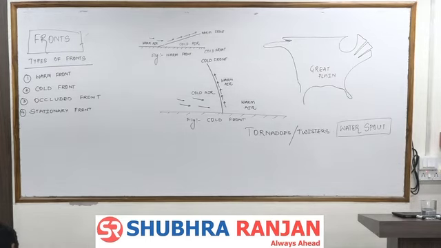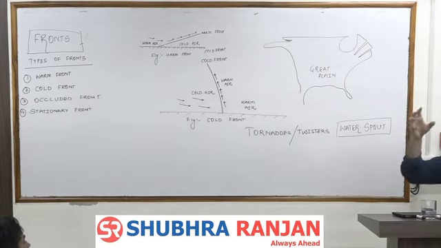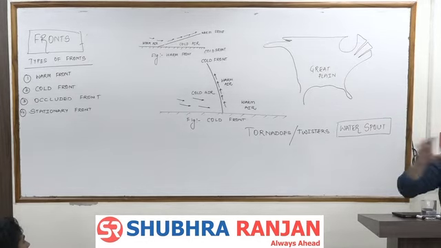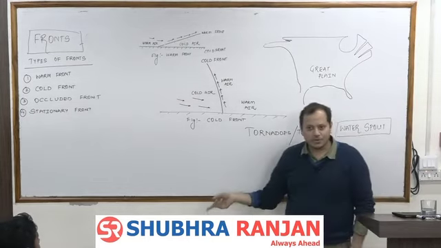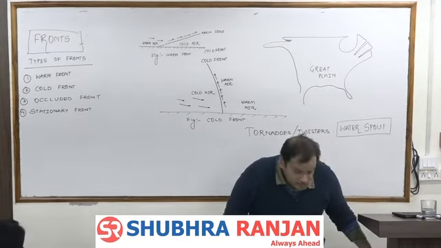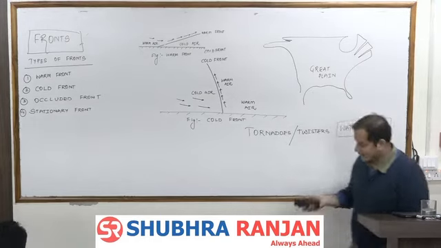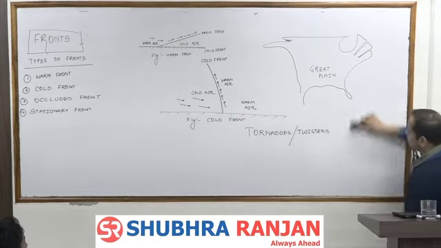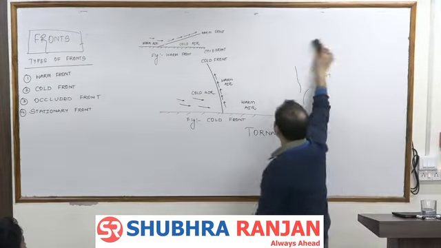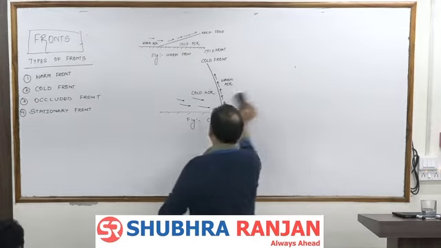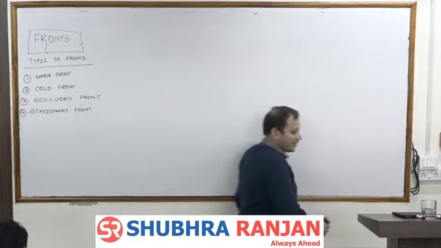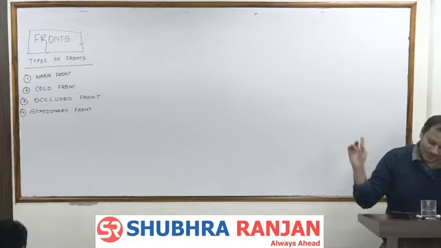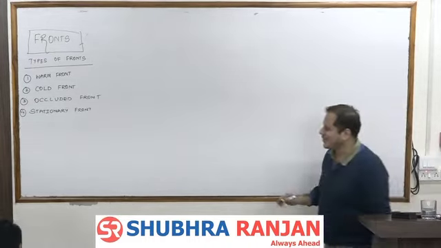Have you seen photos in which water from the sea goes upward like this? That is a cold front. I'll show you the photos tomorrow. We'll first complete all these things. Waterspout, tornadoes, etc. Yes, the same waterspout. It cannot happen in Maharashtra. Not a tornado, this will be a phenomenon, but not a tornado.